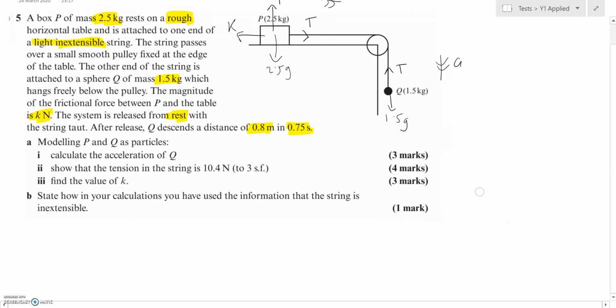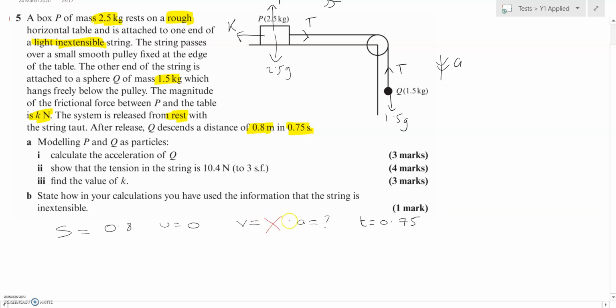They told us it starts from rest, they told us the distance, and they told us the time. So this is going to be a SUVAT question. S was 0.8, U was 0, V we don't know, A is what we're trying to work out, and T equals 0.75. We're going to have to use S equals UT plus half AT squared.